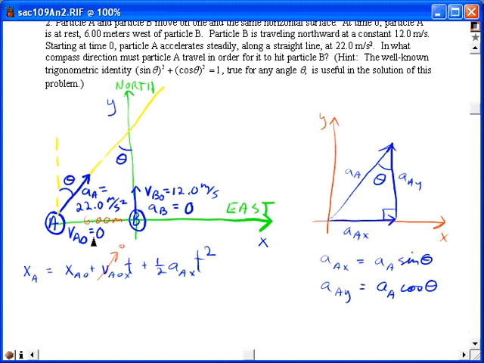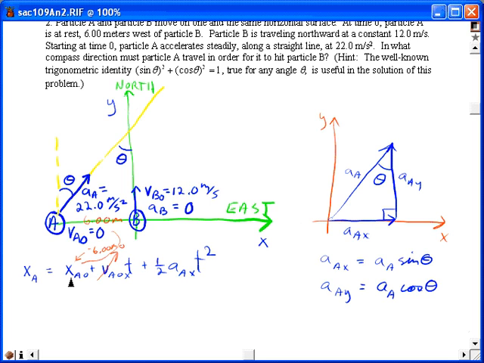It's got neither an x nor a y component of velocity, and x_A0 is a minus, just make a note of that, minus 6.00 meters. I'll draw a little separator in there so you realize I'm dealing with this object over here.